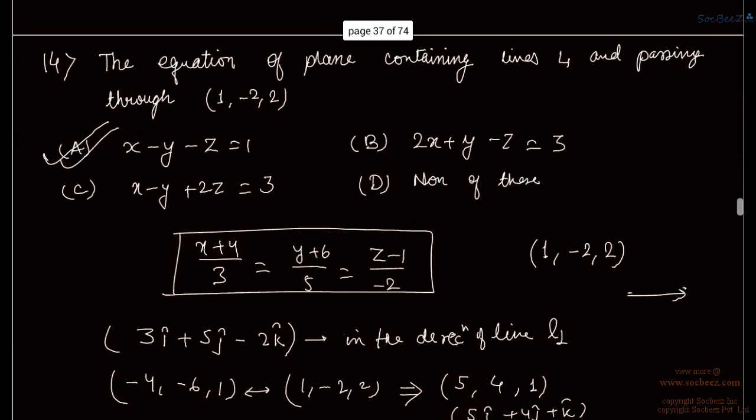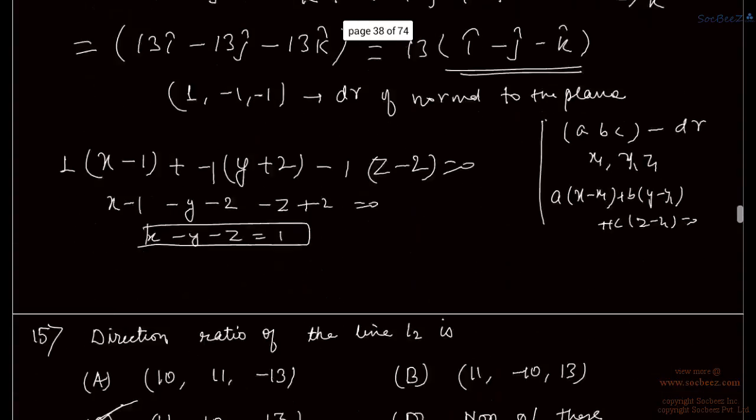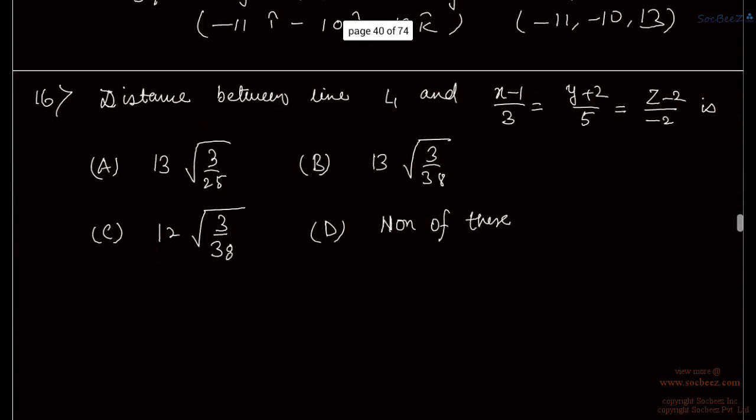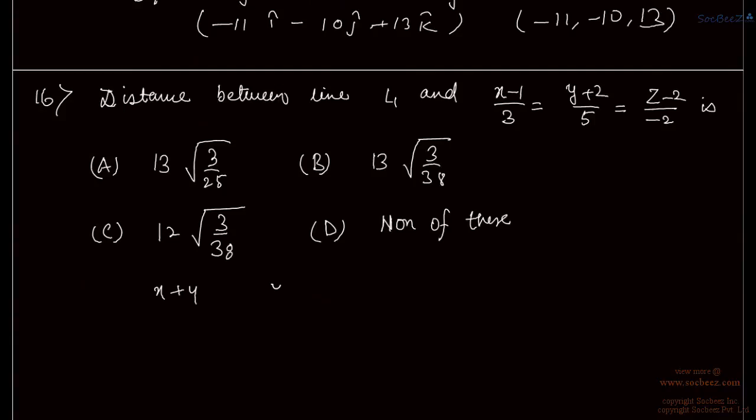This is the equation of line L1. y plus 6 upon 5, z minus 1 upon minus 2. Right? This is the equation of line L1.